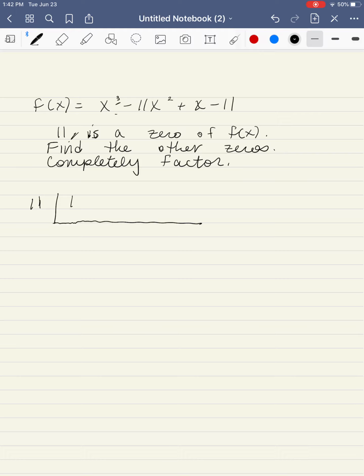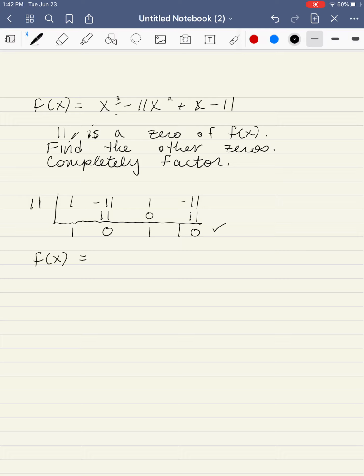All right, so we do 11. When we're given the number, we just use the number exactly the way it is. We have all of our terms here: x cubed, x squared, x, and constant. So we have 1, negative 11, 1, negative 11. We drop the 1 down and we multiply and add all the way across.